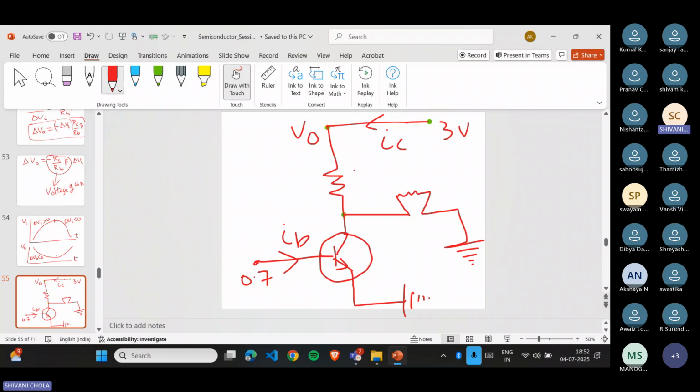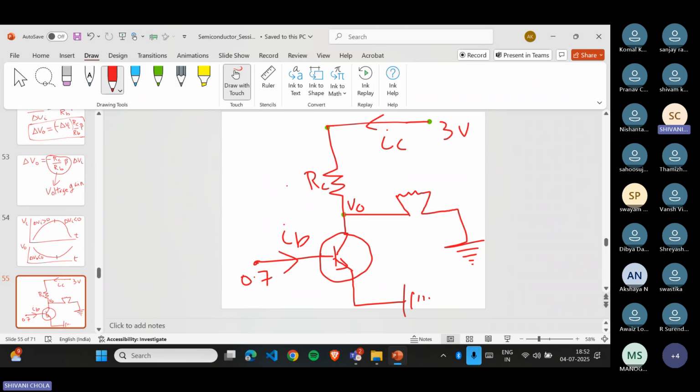Okay, we have this. There is a small mistake in this diagram. Your output potential will be at this green point because you have used your potential across this, right? RB, RC. Okay.